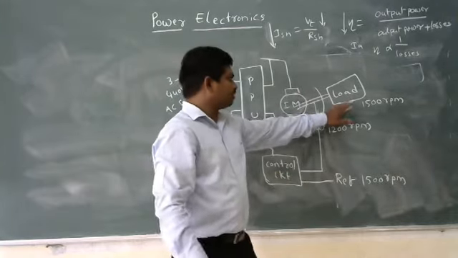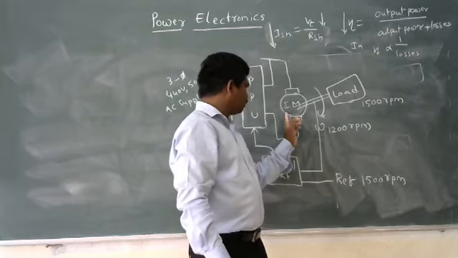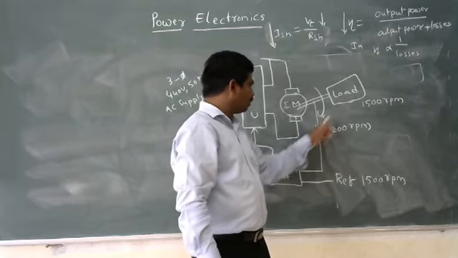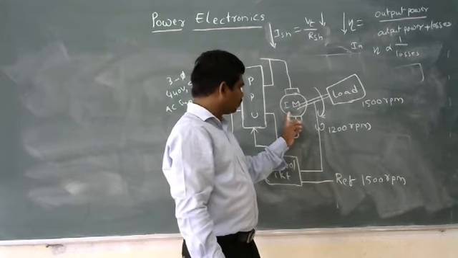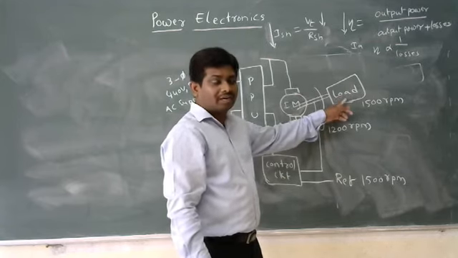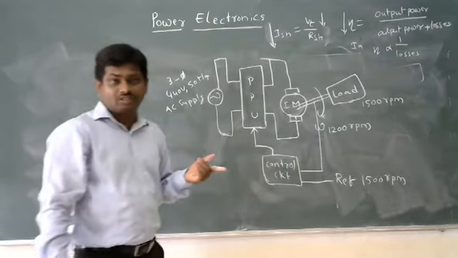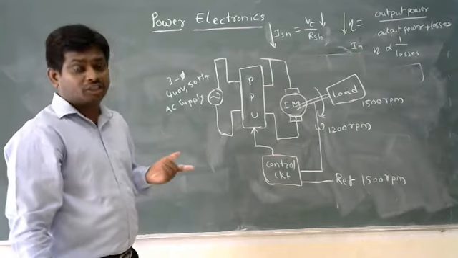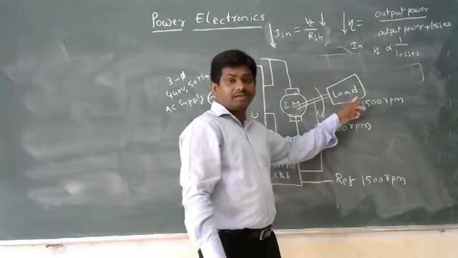The load requires 1500 RPM, but our induction motor is providing the load a speed of 1200 RPM. If our motor rotates at 1200 RPM, the load also gets 1200 RPM. But the load requires 1500 RPM, so we have to change the speed of the induction motor from 1200 RPM to 1500 RPM.